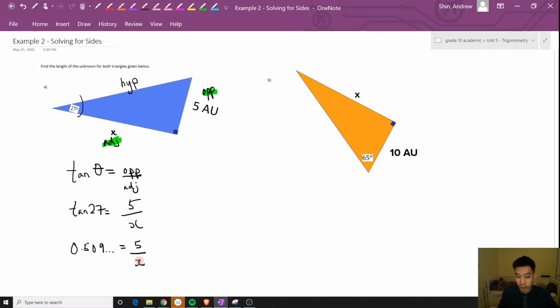Right now, x is on the bottom, and we can't solve for x when it's in the denominator. So we have to do the opposite of dividing by x, which is multiplying both sides by x.